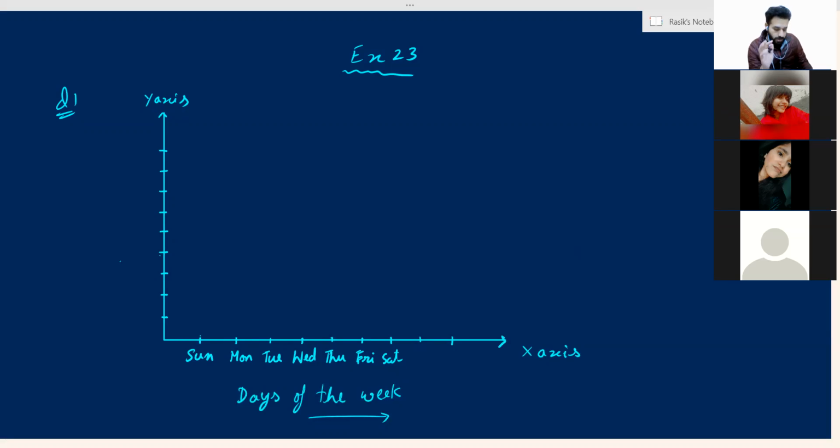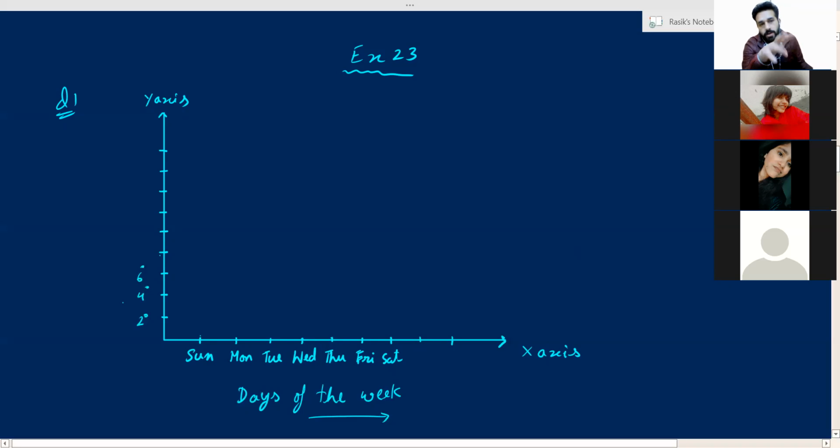Yes, sir. By understanding these values, you have to decide that we have to do divisions. We have to take a scale. How much scale do you have to take? For example, suppose I take one block equal to 2 degrees: 2, 4, 6, and so on, even numbers.